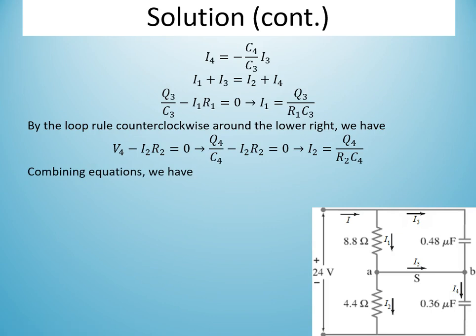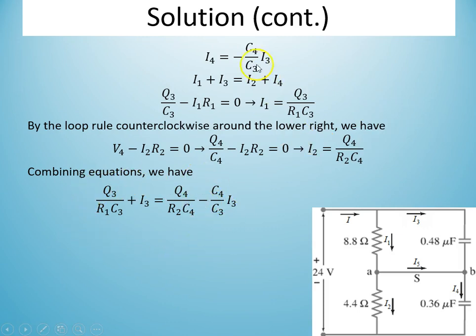So now we can combine these results with what we had right here from our junction rule. We're going to plug in our result for I1, we're going to plug in our result for I2, and that gives us this result right here.